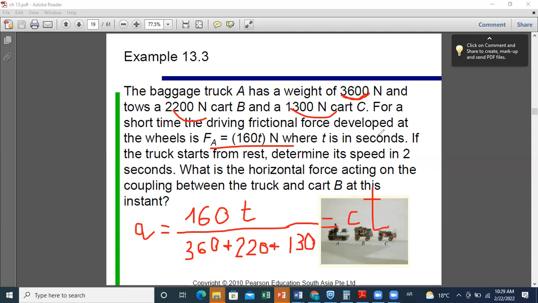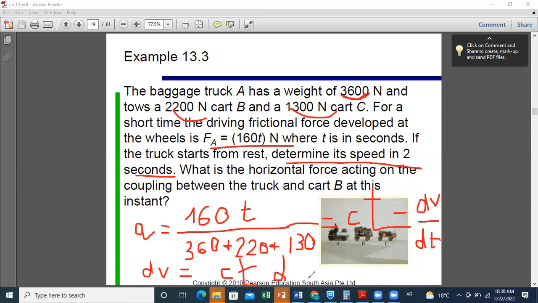Now, since they asked me to determine the speed in 2 seconds, what is my next step? Yes, I will integrate. Exactly. I will say that A is dV by dt. I can do separation of variables. So I write dV equal to the constant, which I calculated, times t times dt.